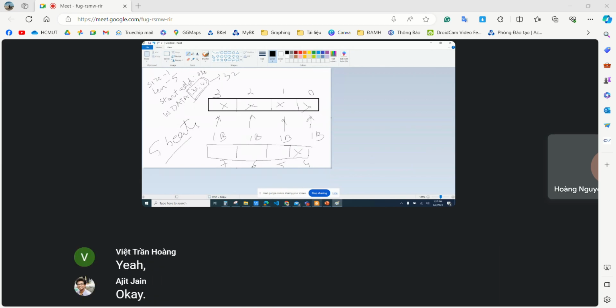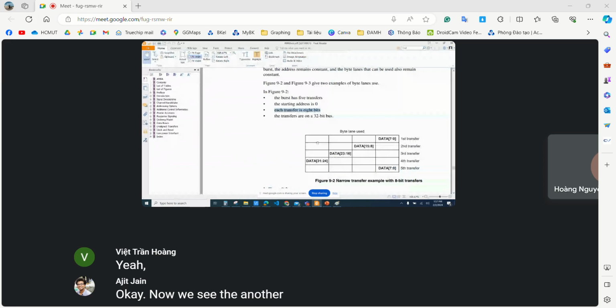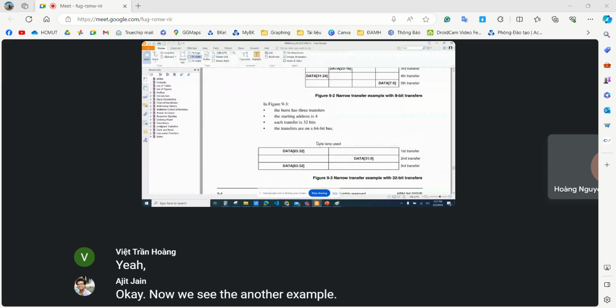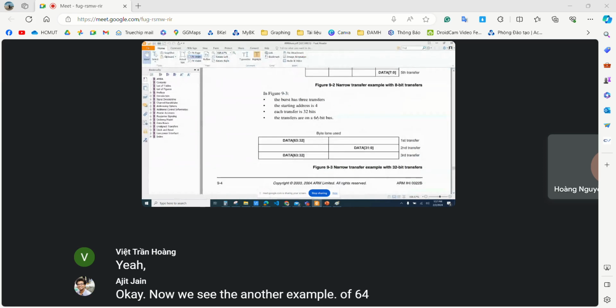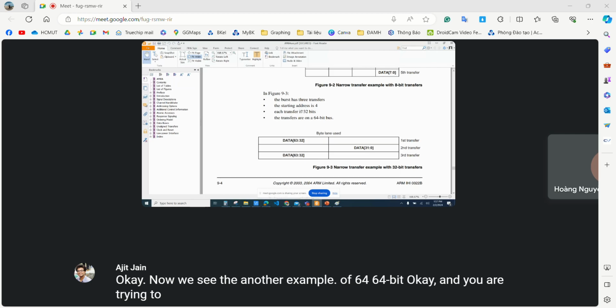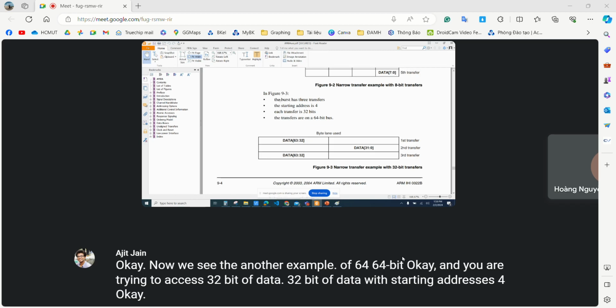Okay, now we see another example, of a 64-bit bus, where you are trying to access 32 bits of data with the starting address as 4, and we have 3 transfers.